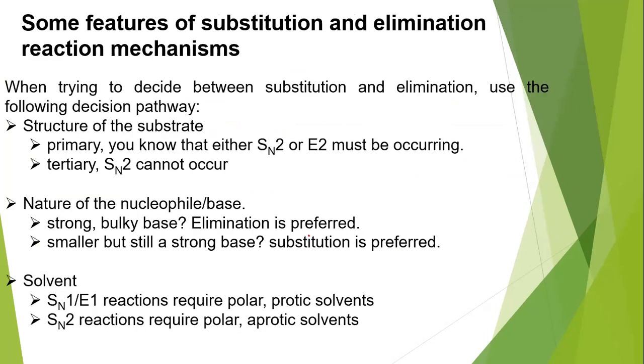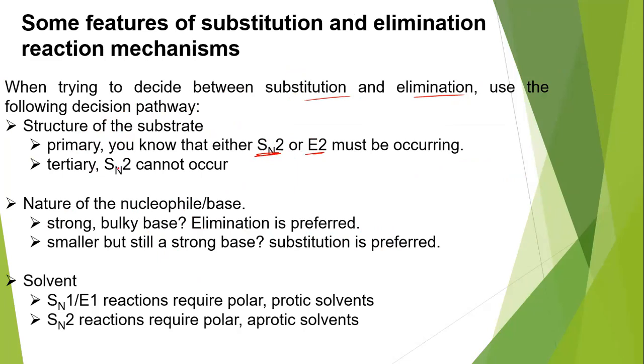Very simple, right? So this is a summary of whatever we've talked about here. We are saying that when trying to decide whether it's substitution or elimination, use the following to decide. The structure of the substrate: if it's primary, then we are thinking of either SN1, SN2 or E2.